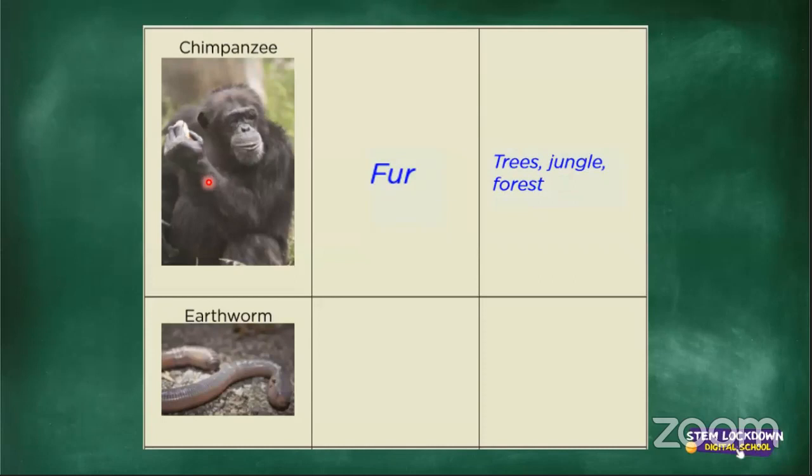Now let's look at a slimy worm. Have you guys ever played with earthworms before? Okay, an earthworm has a soft, moist skin. And where will you find them? Why does it need a soft, moist skin?